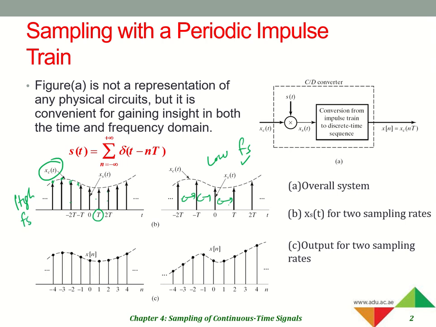High sampling frequency means the time period is short, so I am taking more samples. Here I am taking fewer samples. Eventually, if I integrate, I will get only the function value at the impulse location. That is my discrete time signal, which is the sampled version of the continuous time signal. So this is just an illustration of the concept of sampling.